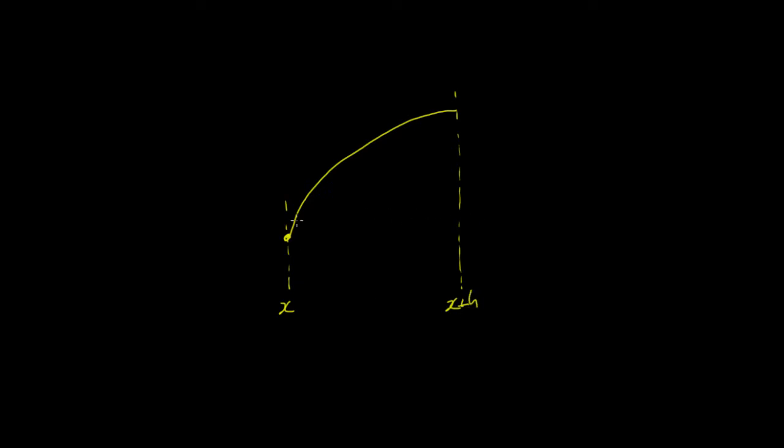So the length of the small segment of string is going to be h. There would be another piece of string on the right hand side here tending to drag the string in a particular direction, and also a piece of string on this side dragging the string in a particular direction.